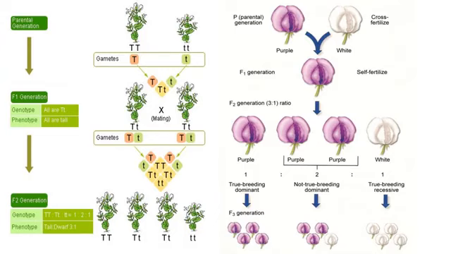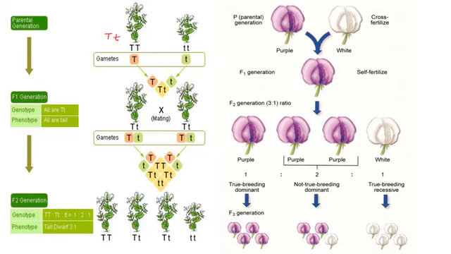We have done in the last session about the monohybrid cross, right? Now what do we understand by monohybrid cross? Mono is single, a single character. Here we are taking one contrasting character, tall, denoted by capital T, and short, denoted by lowercase t.